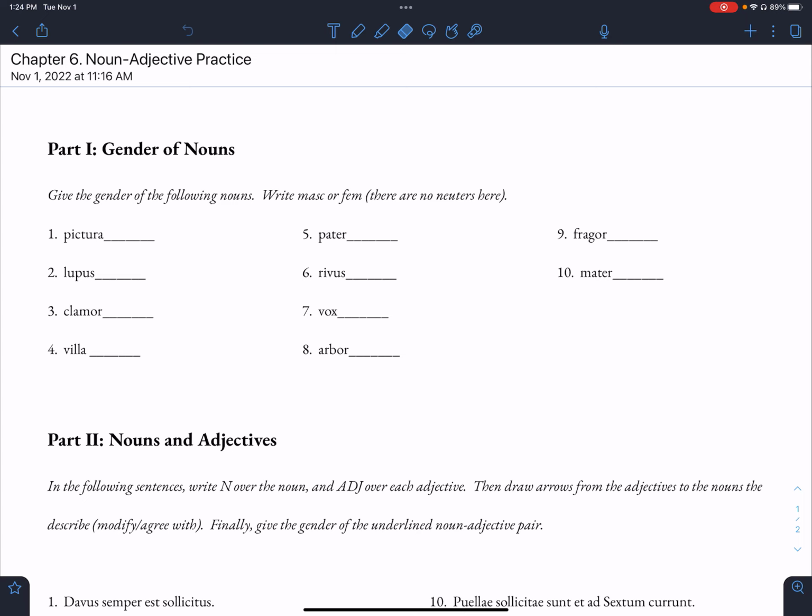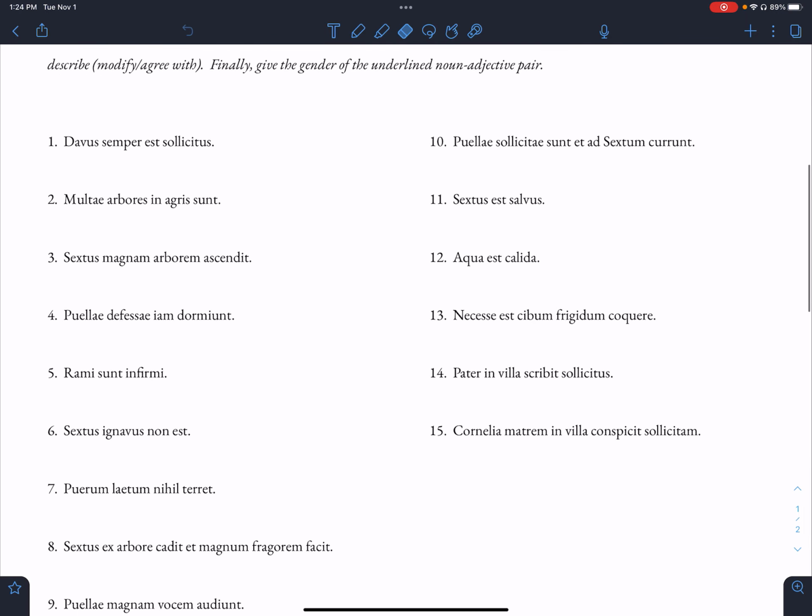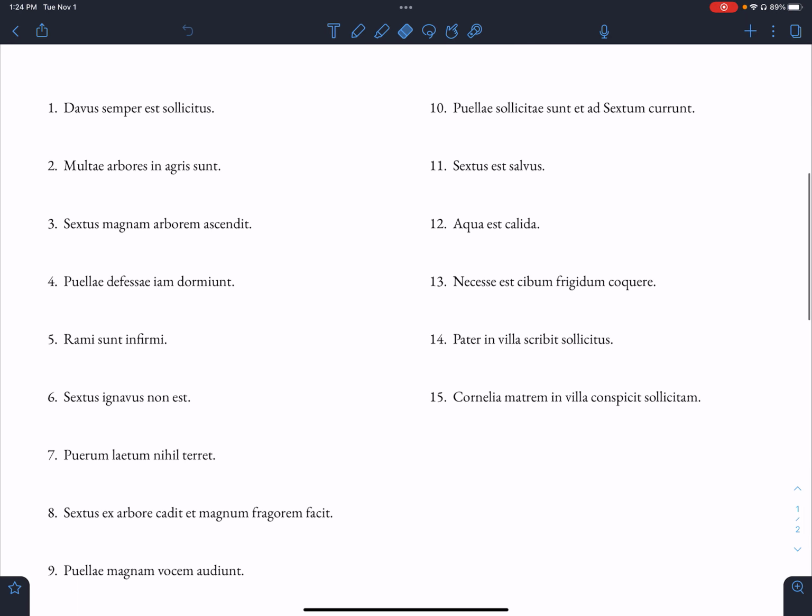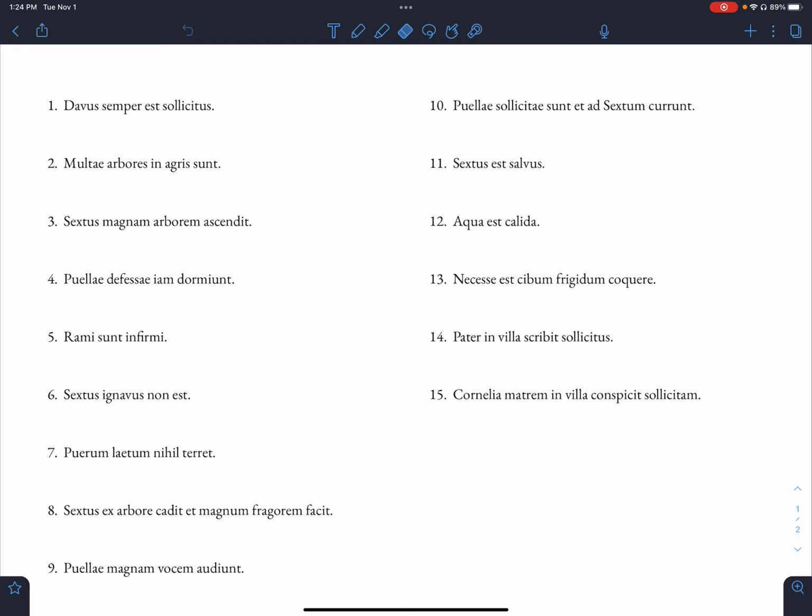And then part 2, there are 15 sentences. You're going to mark up and translate like we normally do. But for each one, give me the gender of the noun adjective pair in the sentence. So for example, in sentence number 1, the words davos and solicitus, what gender are those two words?